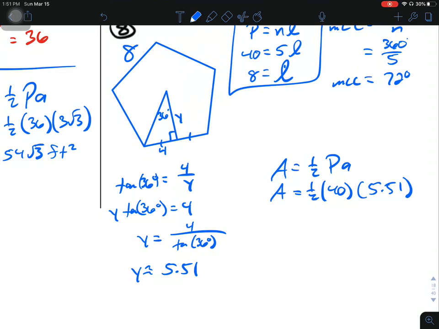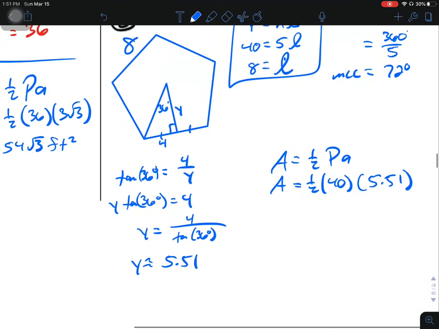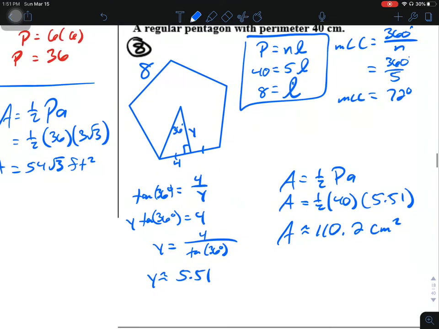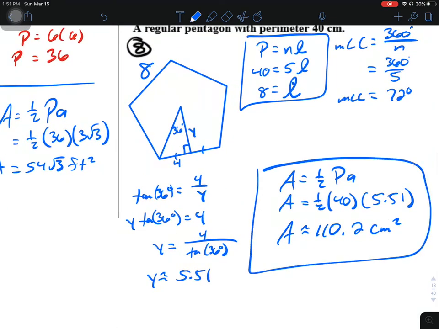Half of 40 is 20. 20 times 5.51 is 110.2. The units we had here would be centimeters, so it's square centimeters. Almost finished.